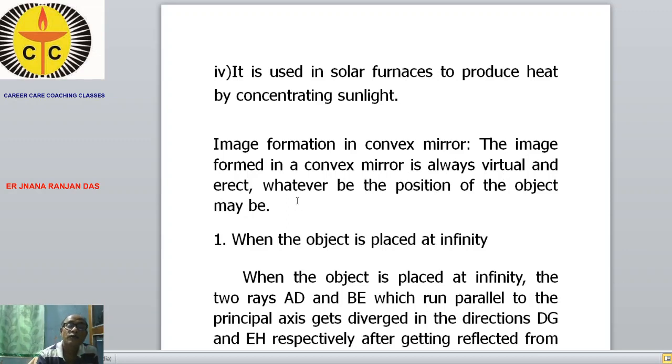The image formed in a convex mirror is always virtual and erect, whatever the position of the object may be.